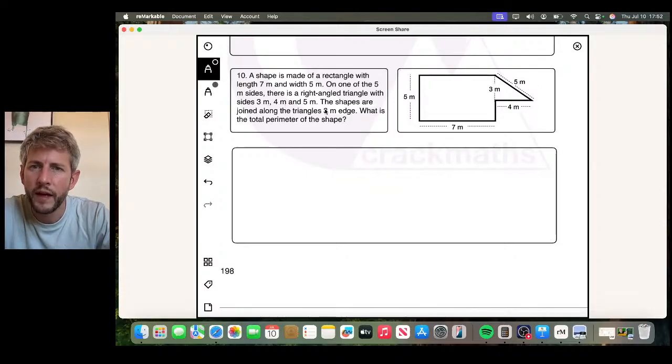So they put them all on there. The shapes are joined along the triangle's 3 meter edge. Yeah, I can see that. What is the total perimeter of the shape?